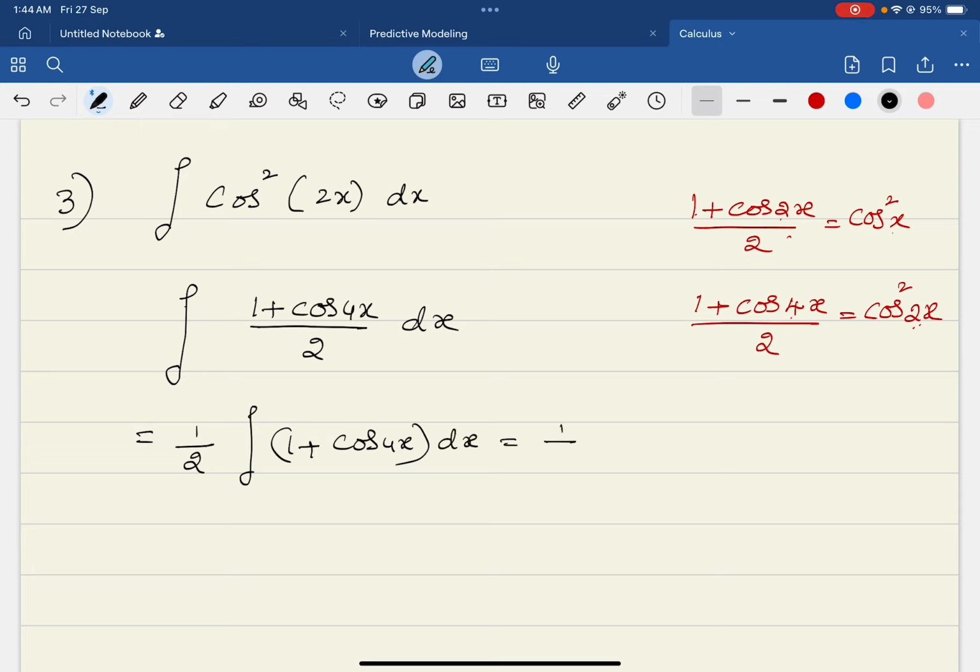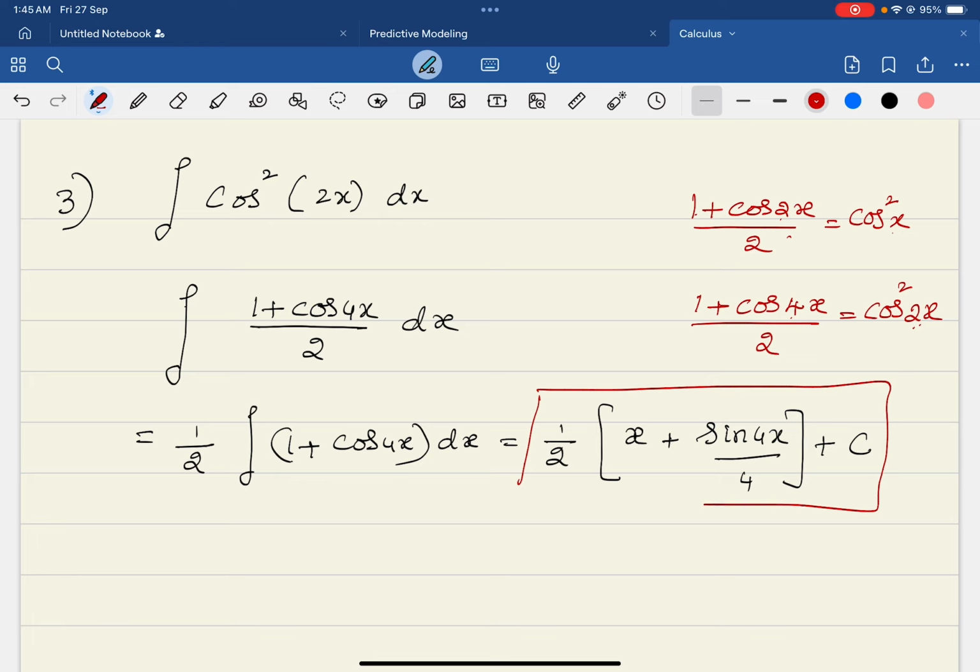So that is 1 by 2 times integral 1 dx means x, and integral cosine means sine 4x over 4, plus the constant. So this is what we need to do. I hope you could understand how to solve this type of problems. Here of course we are not using any substitution. Actually innerly we have done 4x is t, but already we know the formula directly.